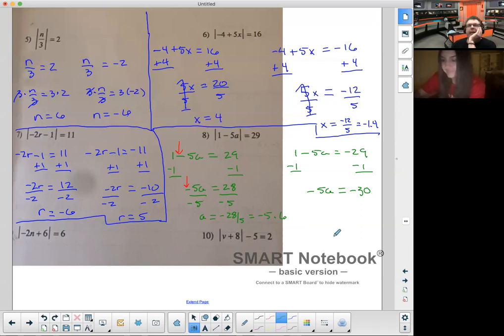So I said, just use a calculator. Yeah. It's not worth it. So then you have negative 30 divided by negative 5. Yes. And that's 6. Yep, good.